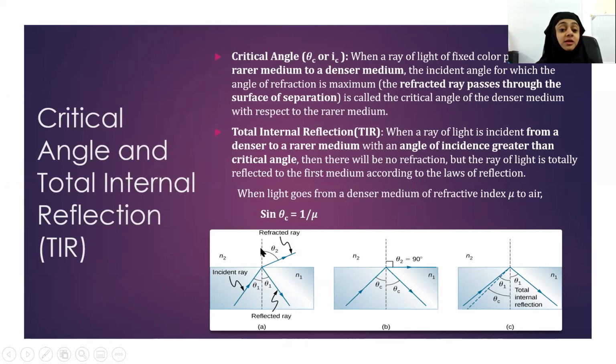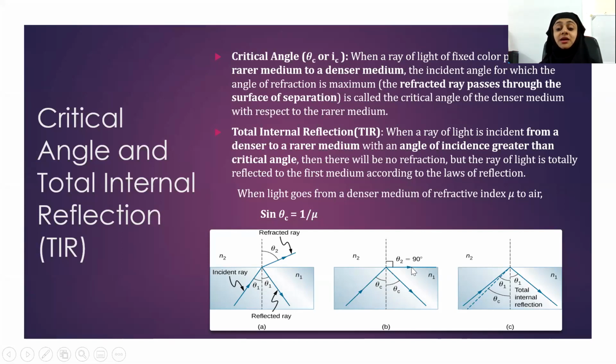That is why the refracted angle theta 2 is greater than the incident angle theta 1. Now, if you slightly increase the angle of incidence, if it becomes the critical angle, then what happens? The refracted light goes along the surface.